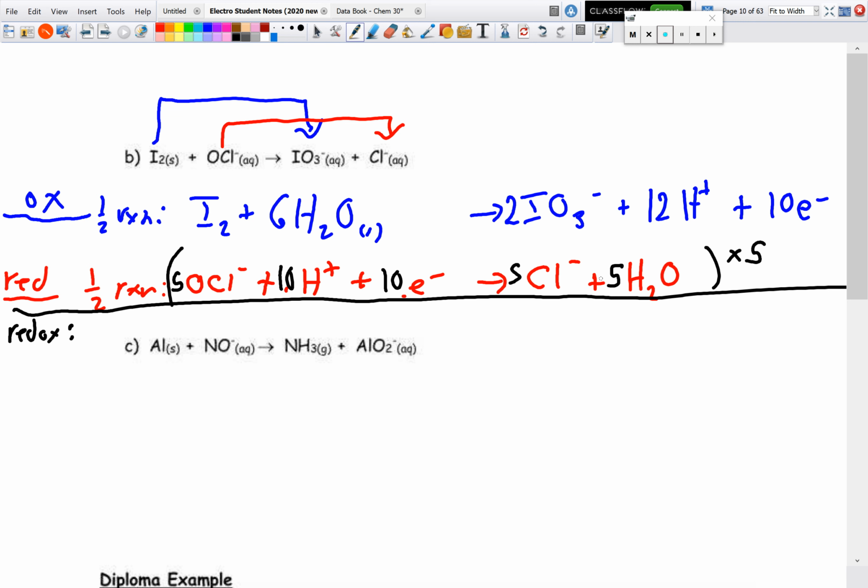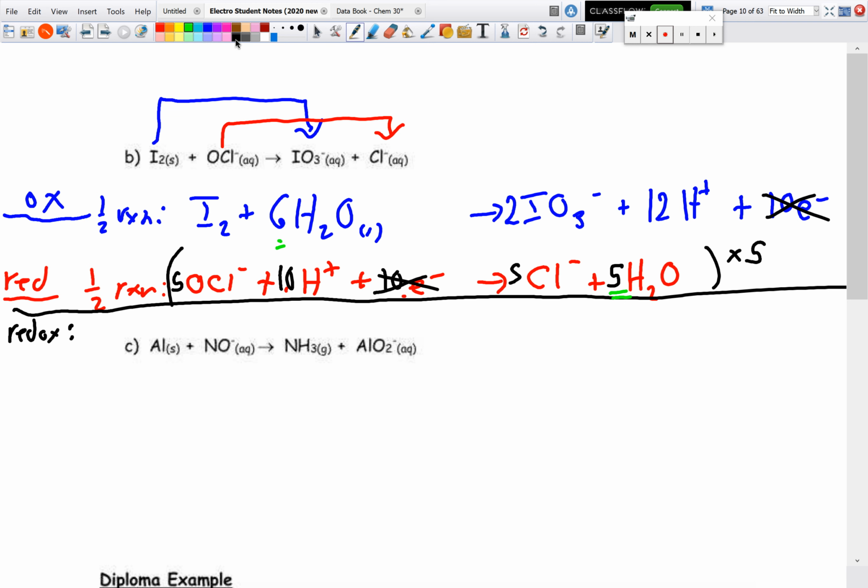All right, so now we are going to see more things canceling out than just the electrons. So we know that we have 10 electrons in my oxidation half reaction, 10 electrons in my reduction. So the total number of electrons are going to cancel out. Now, as for the other things, we will notice that from my oxidation half reaction, I have 6 waters, and in my reduction half reaction, I have 5.